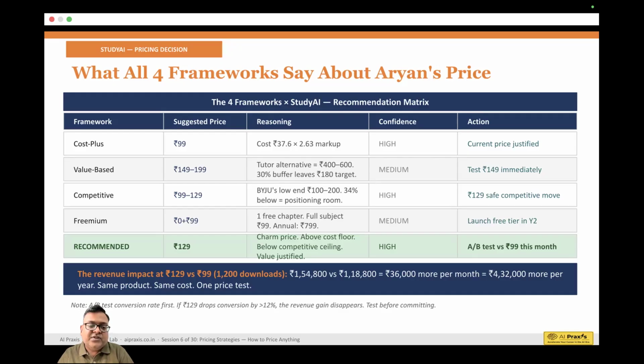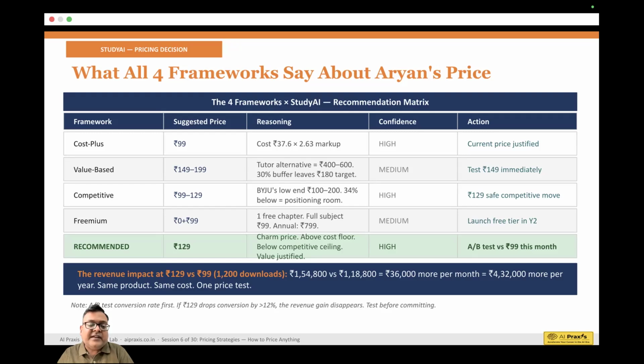First is zero, the first chapter, and then for the full chapter, 99. One chapter free. And for annual, 70, 99. Confidence level here is medium, but launch the free tier in year two. The recommended price is 129. It's a charm price above the cost floor, below the competitive ceiling, value justified. A/B test versus 99 this month. And we already saw that in the earlier slides.